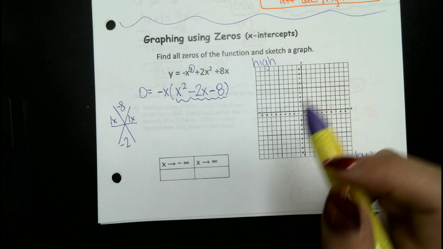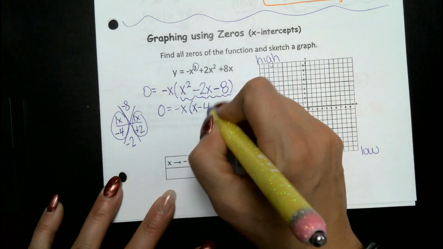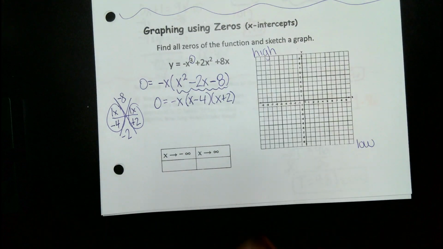Negative 4 and positive 2. So I still have that negative x out front, but then I'm going to have my two sets of parentheses. I'm going to have x minus 4 and x plus 2.